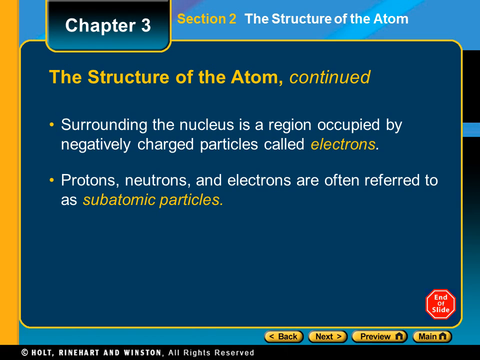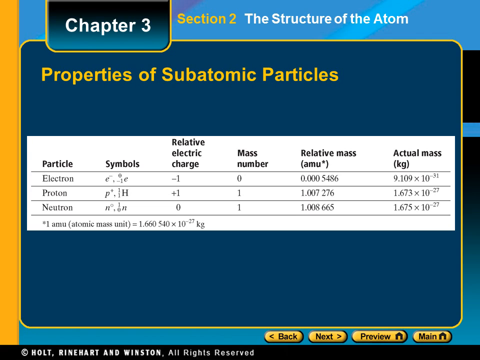These three particles are referred to as the subatomic particles, meaning they are smaller than the atom. They're the particles that actually make up the atom. This chart here shows you the symbols that we use for each one, the charge, and the mass number.